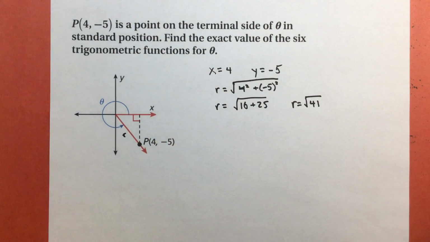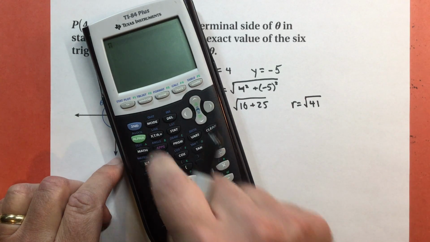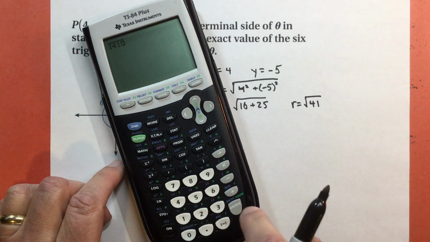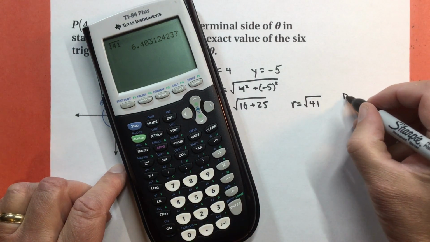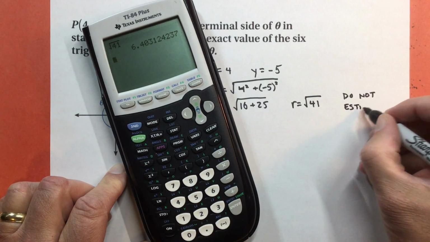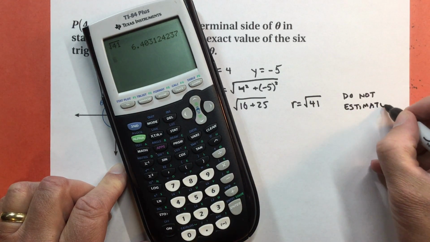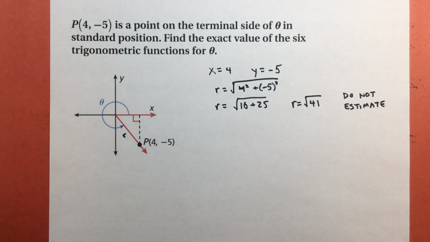Now, you're going to be tempted to grab one of these and do this. Square root 41. Don't. Do not estimate. You can leave it as a simplified radical.